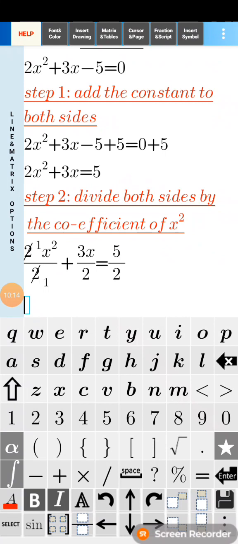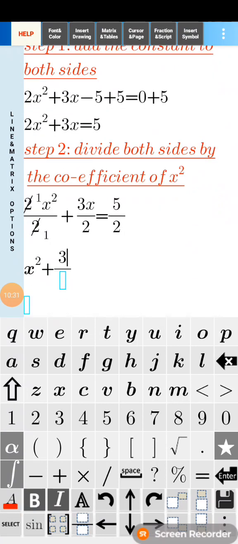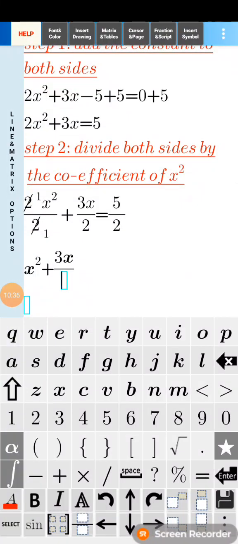So let me write out what I have. Now what I have here is 1 times x squared will give me x squared plus 3x over 2 equal to 5 over 2.